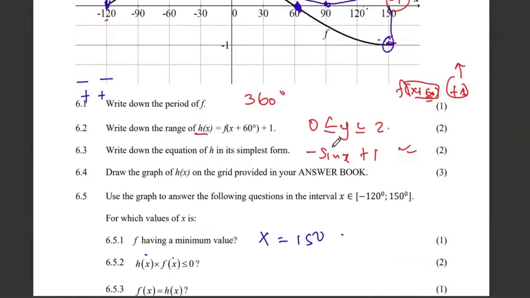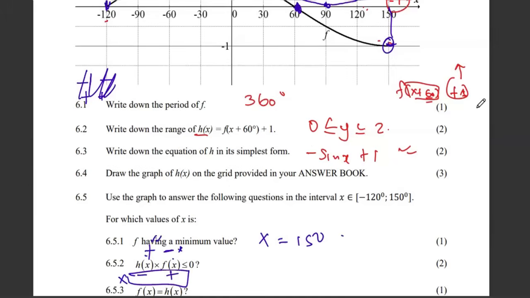So both graphs are, wait a minute, it's negative, right? It's less than 0, so not above. So one is positive, one is negative, or one is negative, one is positive. So the only scenario we have is where this graph of h is above and then f needs to be below. So this one is out because h is not below.